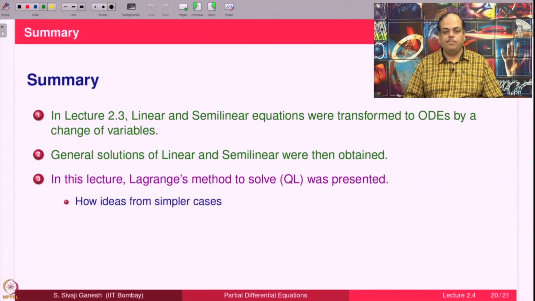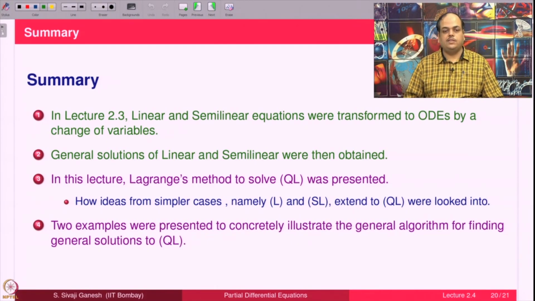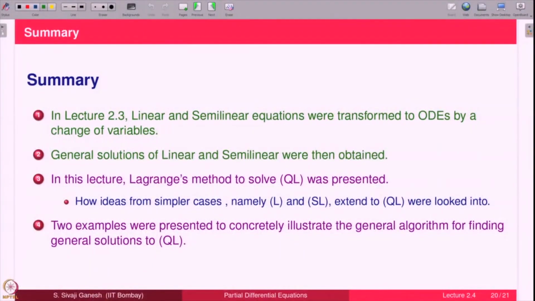How ideas from simpler cases of L and SL extend to QL were looked into, and we have presented two examples to concretely illustrate the general algorithm for finding general solutions to QL. We cannot do this kind of general solution for nonlinear equations. So, beyond QL our theory does not go.